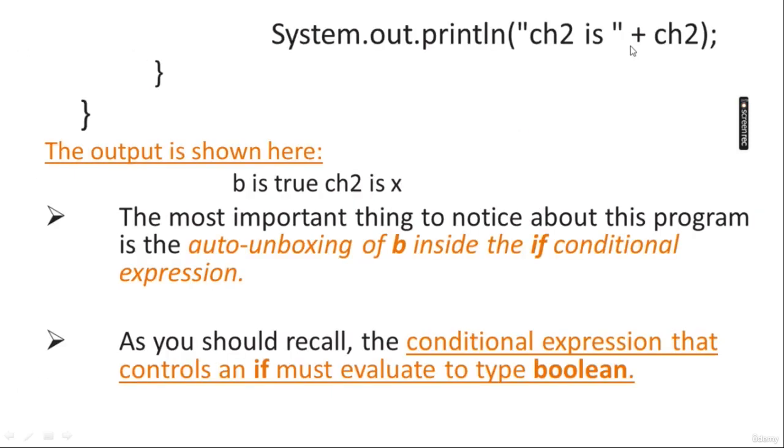And then we are displaying ch2. The output is displayed like this: b is true and ch2 is x. So not any time did we have to convert it into a primitive type or wrapper class. Autoboxing and auto unboxing is done automatically by the Java compiler.